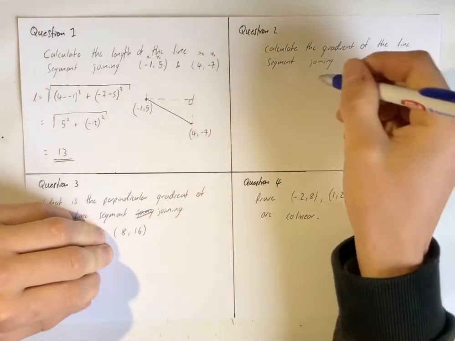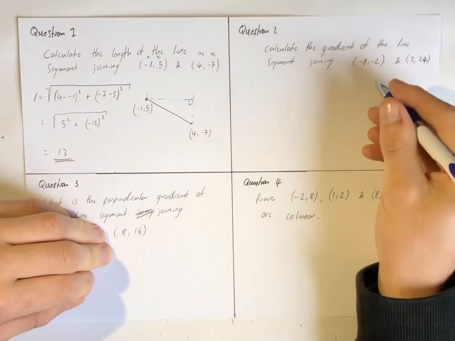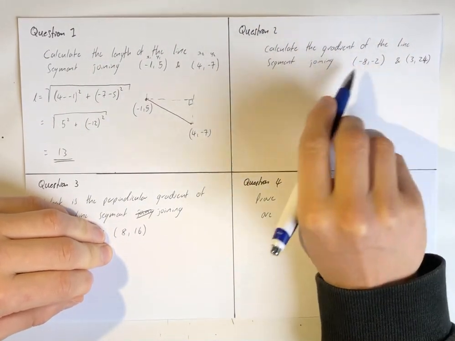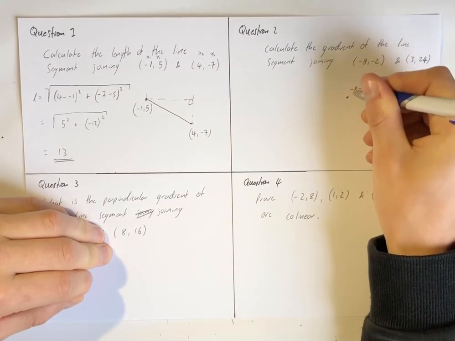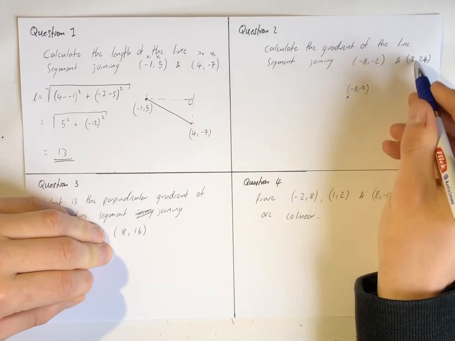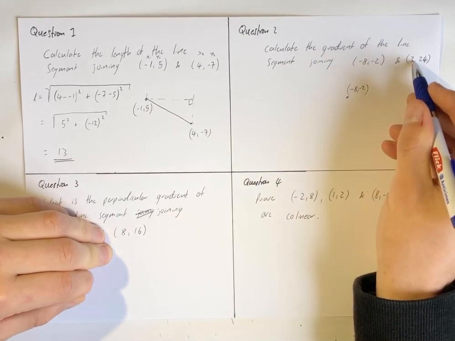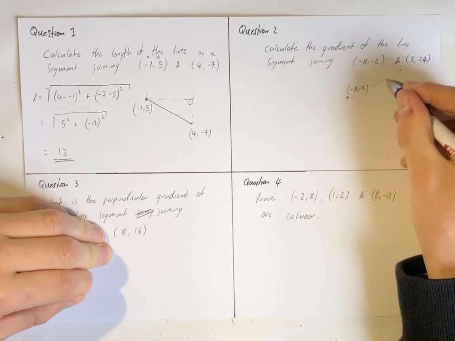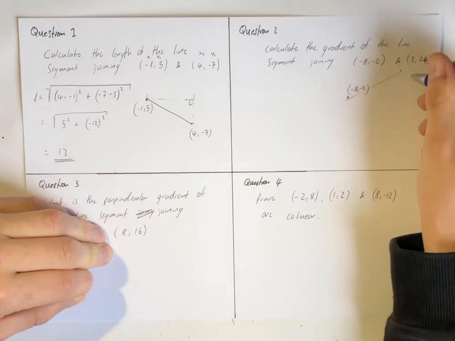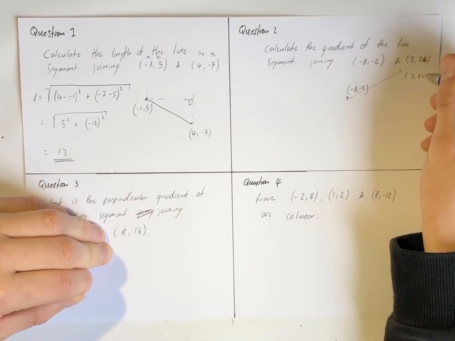Okay, calculate the gradient of this line segment. So again, this is the leftmost point, so I'm just going to go -8, -2, and this has gone across and up. So our line is looking like it's going to have a positive gradient, 3, 24.